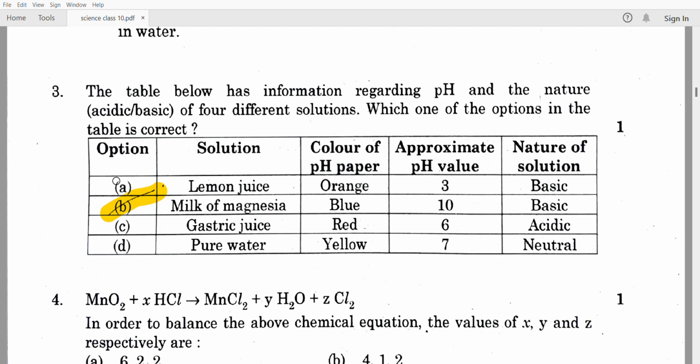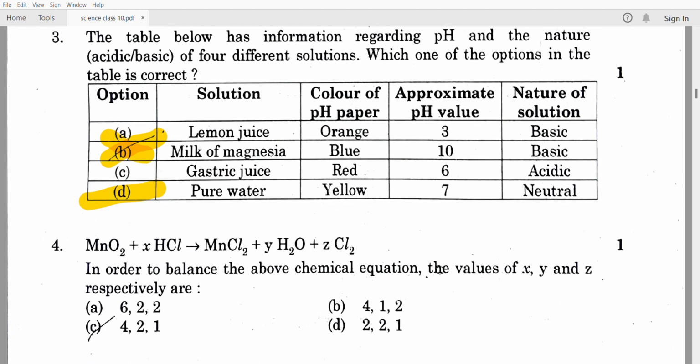Sorry, that is not the right answer actually. So here milk of magnesia is a base, turns blue, that's correct, it's basic, correct. One second, then here it says pure water, yellow, and the pH is 7 and it is neutral, so option D is correct. So here you may get confused, like milk of magnesia, actually it's a mild base, but the option has pH value 10, so it can't be right. So pure water's pH is 7, that's right.